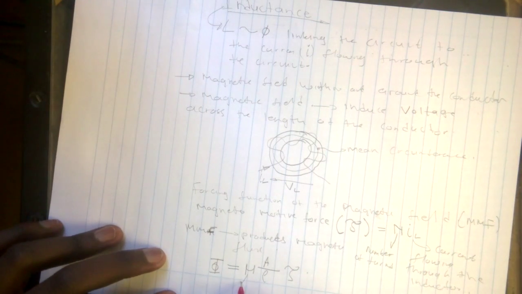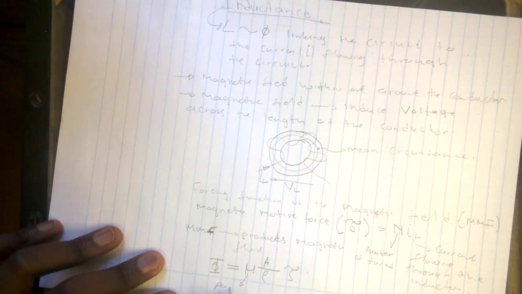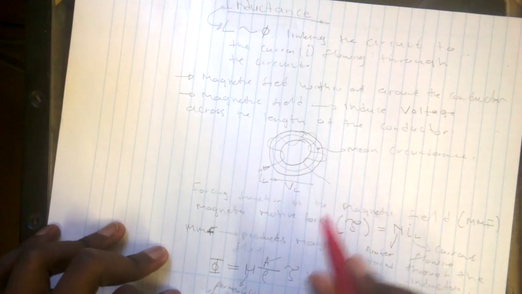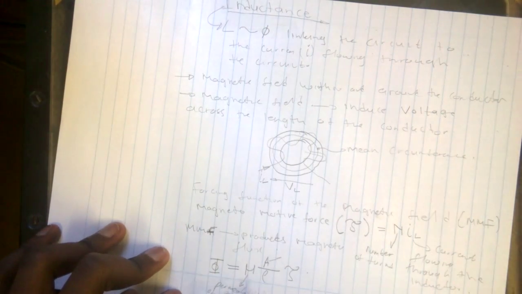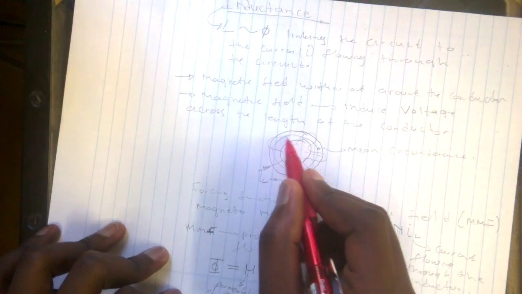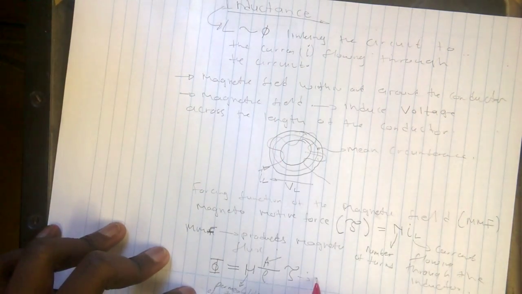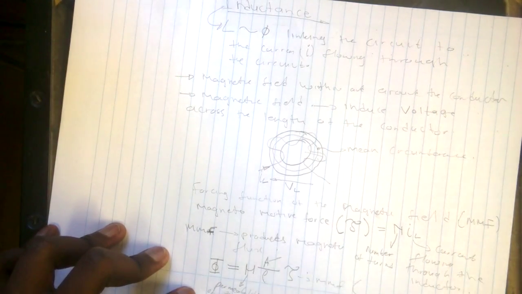What is this? This is permeability of the core material, then this is the cross-sectional area of the core, and then this is the mean circumference, and then this is the MMF, magnetomotive force.